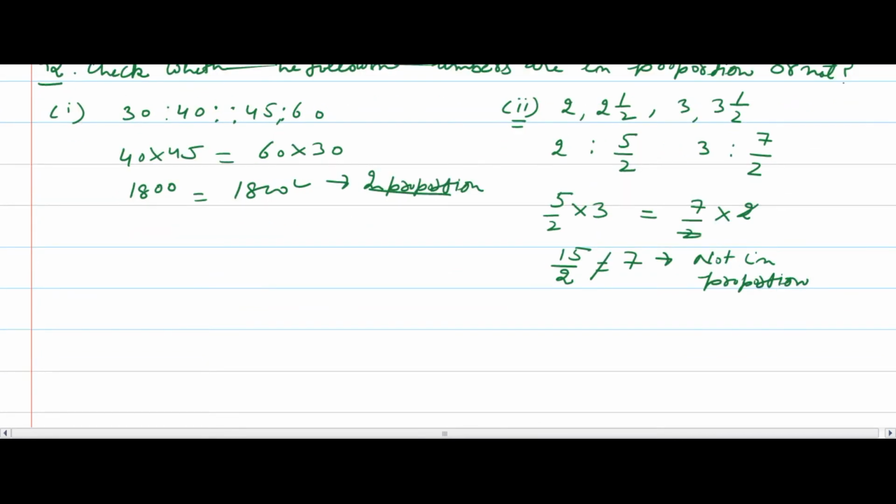Now students, if we move on to the remaining parts, part third, fourth, and fifth are your homework.